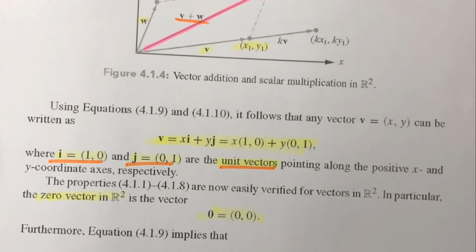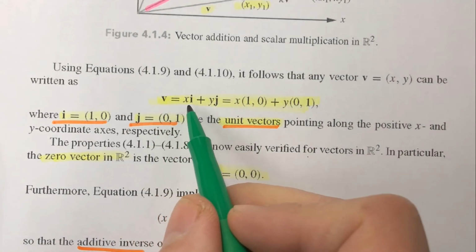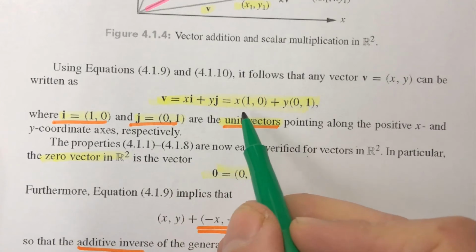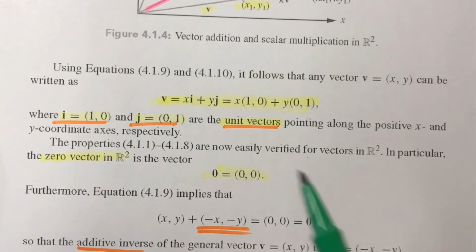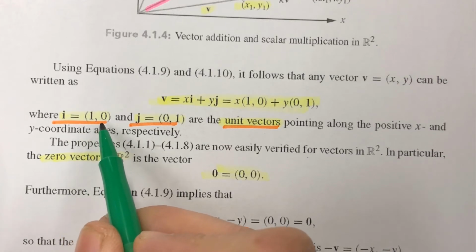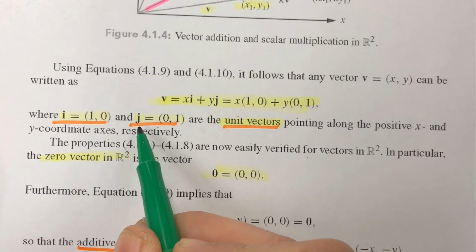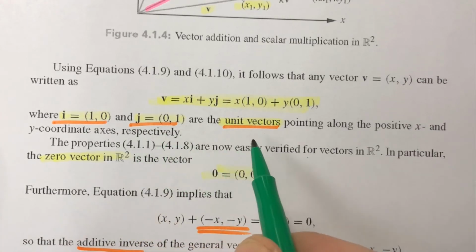Also, we could write the vector v, which is xi plus yj, this way: x times (1, 0) and y times (0, 1), where i is one component on the x-axis, nothing on the y-axis, and j is one component on the y-axis and nothing on the x-axis.